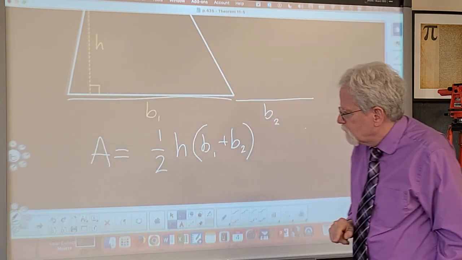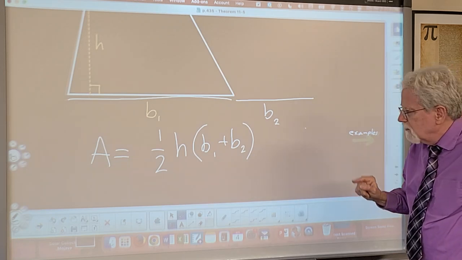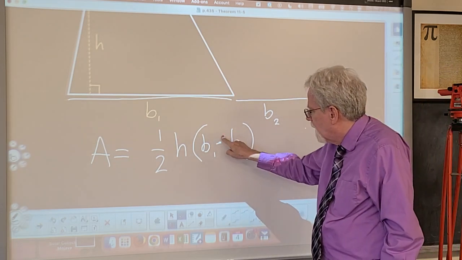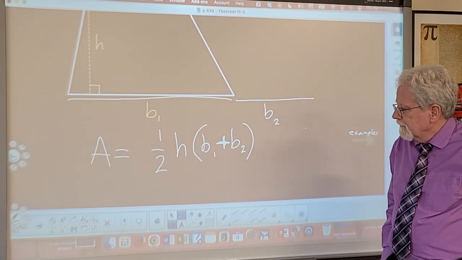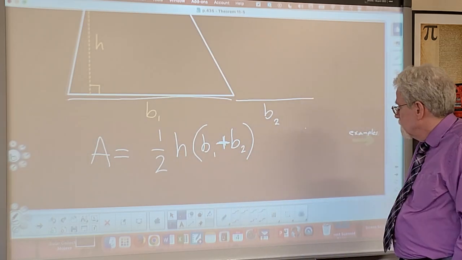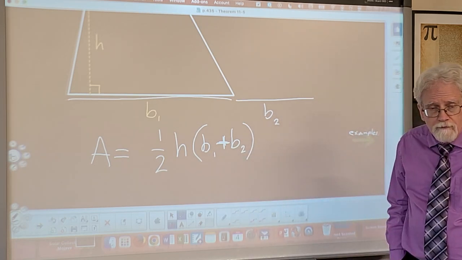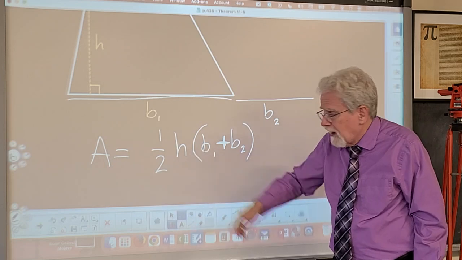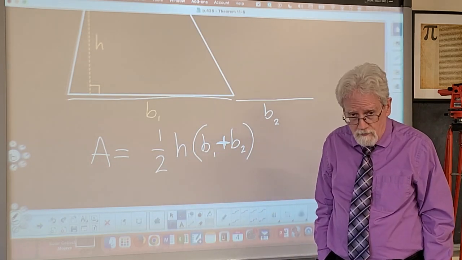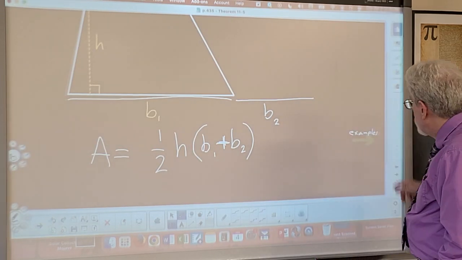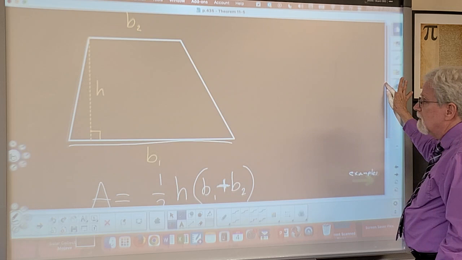The area of a trapezoid is 1/2 times the height times the sum of the two bases. Or, in different language: add the bases, multiply by the height, take half. Done. That's the formula for the area of any trapezoid.